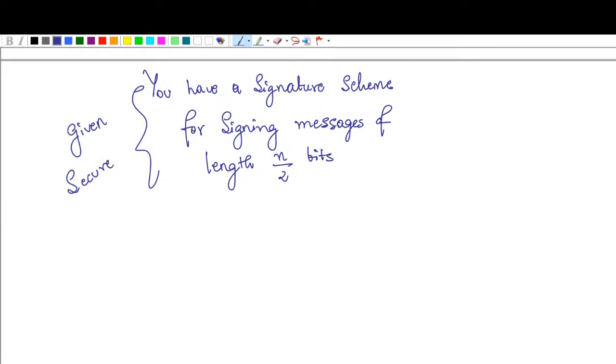Secure means no adversary can forge the signature without knowing the signing key. All those things are guaranteed for this scheme. That means as long as the document length is n by 2 bits, it's fine. You can sign it securely.